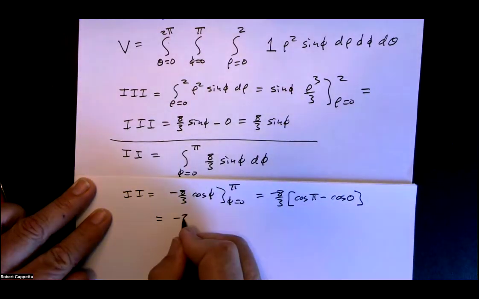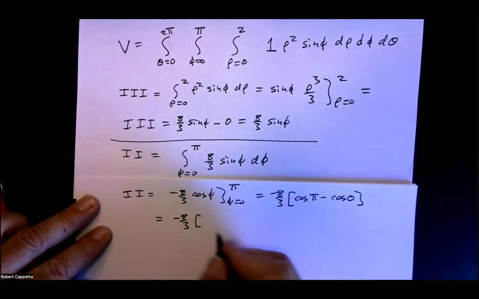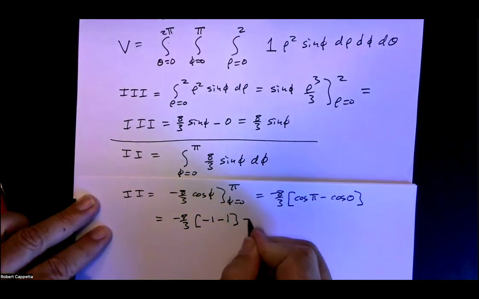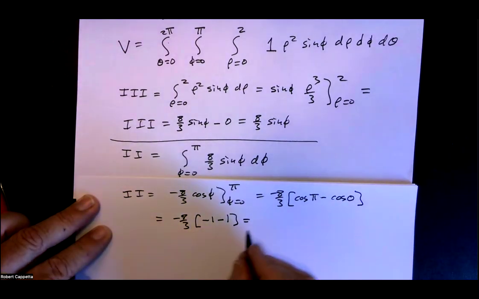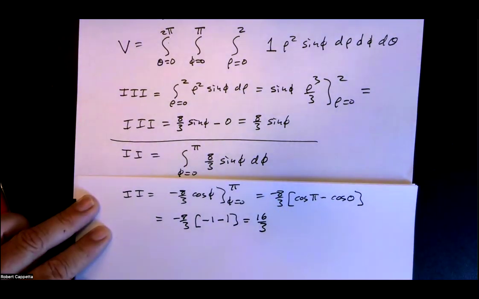Cos pi is negative 1, minus cos 0 is positive 1. That gives me negative 8/3 times negative 2, or 16/3 for my inner integral.